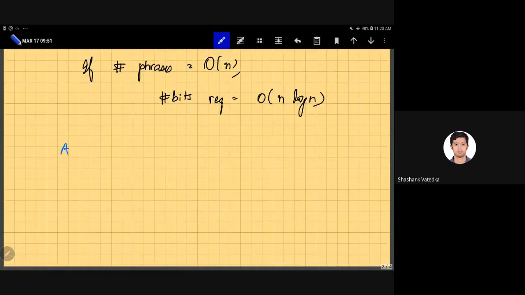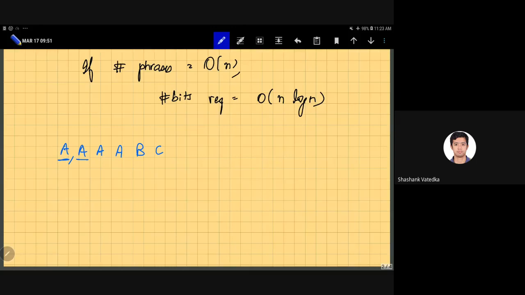So I have A, B, C, let's say. So the first phrase is going to be A. The second phrase, if I look at this, matches with only this from what I've seen previously, right?